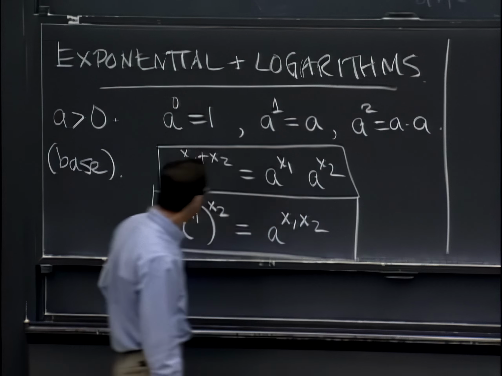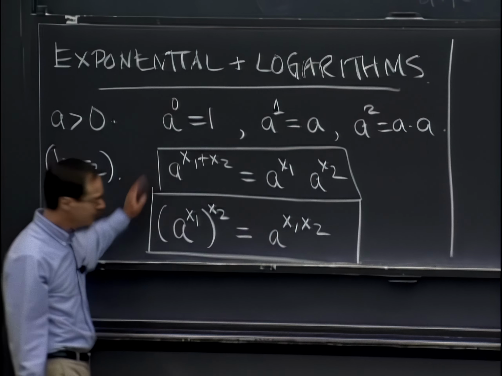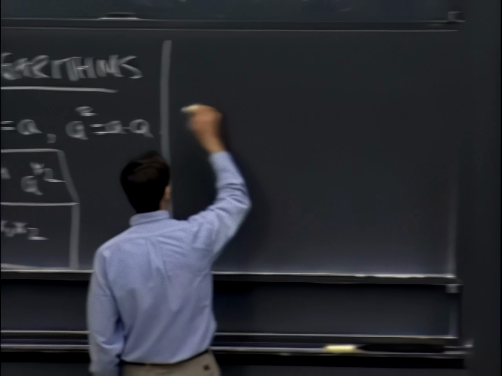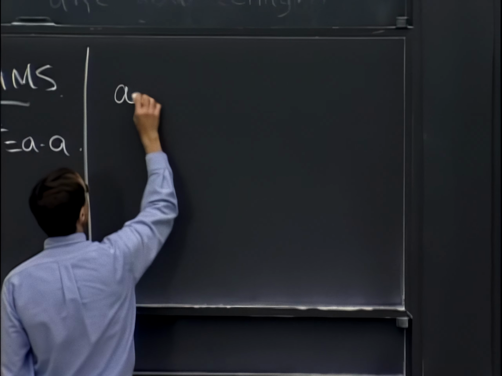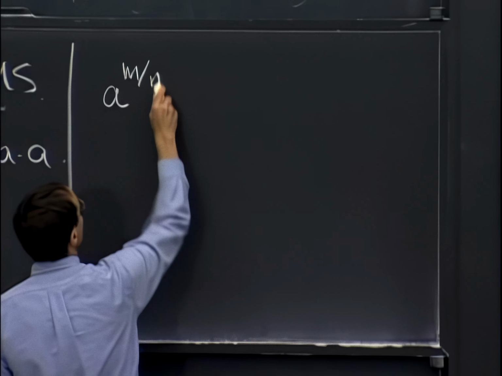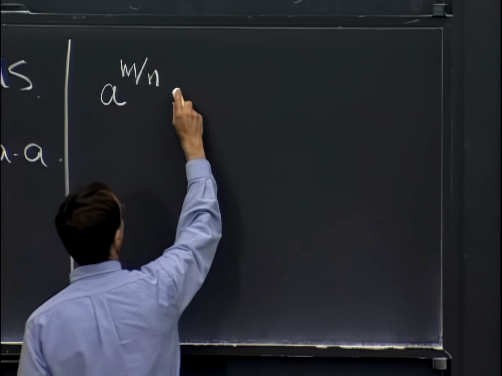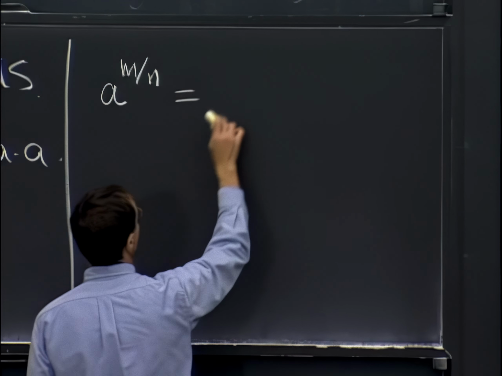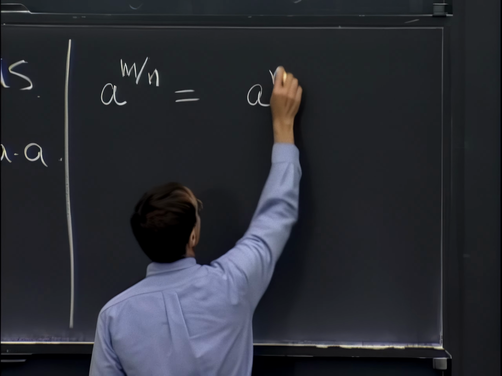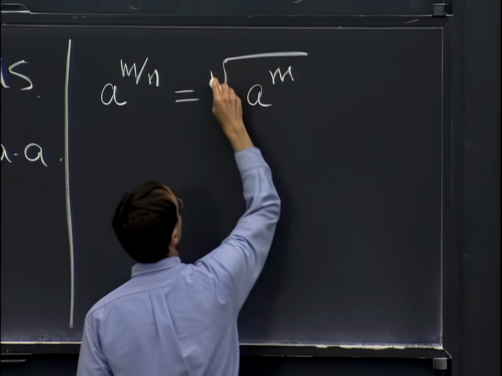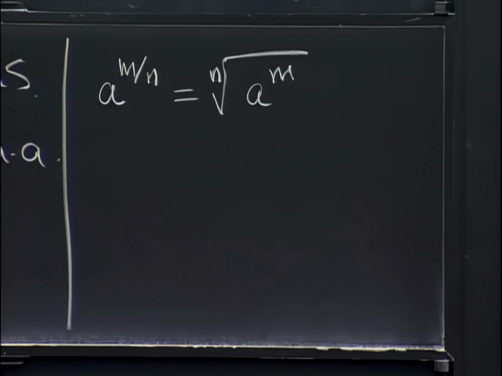Now, in order to understand what all the values of a to the x are, we need to first remember that if you're taking a rational power, that is the ratio of two integers power of a, that's going to be a to the m, and then we're going to have to take the nth root of that. So that's a definition.